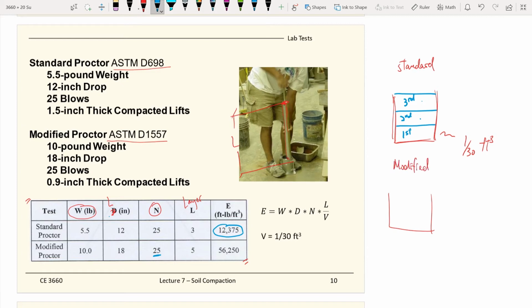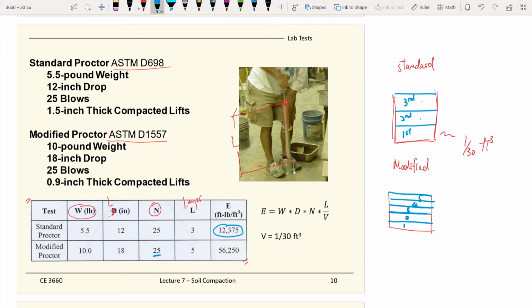You have the same volume, but 5 layers, and each layer gets the same number of blows, 25. You hit the layer 25 times, then you put on soil, hit another 25 times, put on soil, hit another 25 times, and so on until you finish your 5 layers.